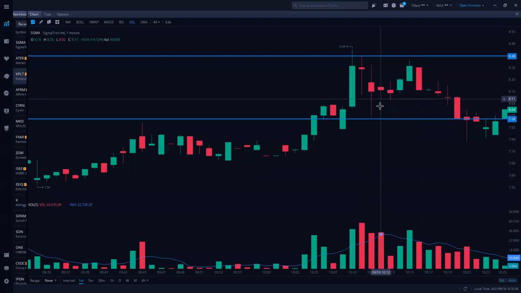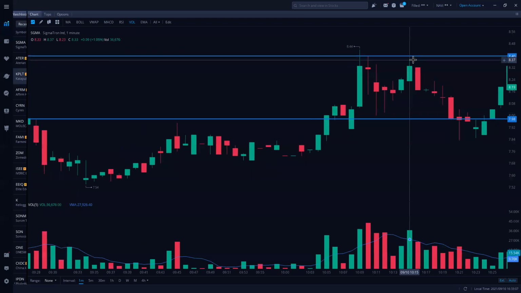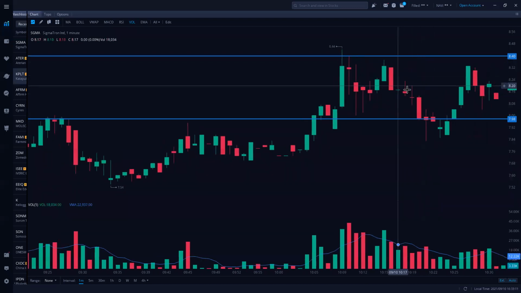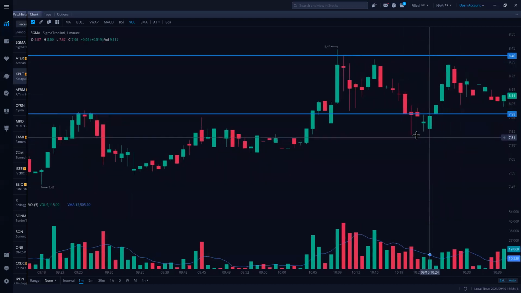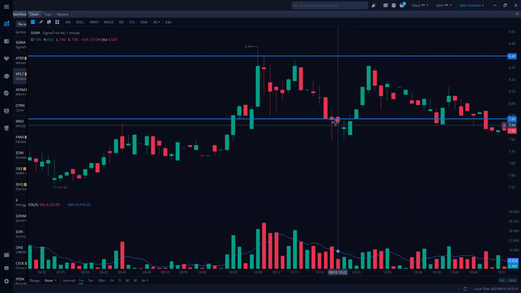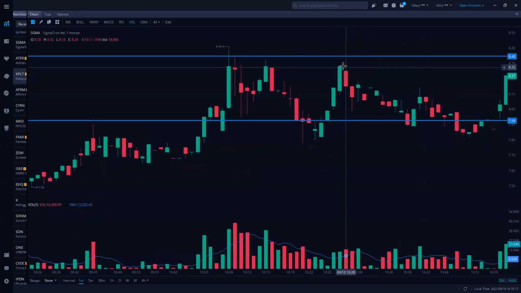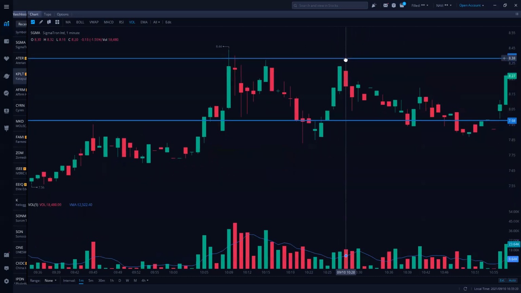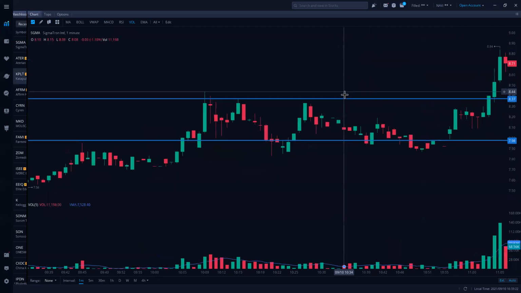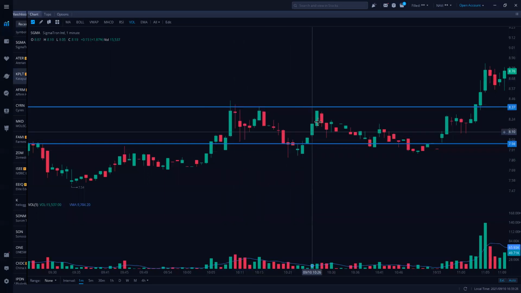That longer wick shows you that buyers have control around the $8 period, and they brought it back to retest the 8.40 resistance. But there wasn't enough buying pressure. Sellers took over and brought it all the way back down to $8. It dropped a bit under 8, consolidated, went back up, almost tried to retest that resistance right around the 8.40 mark, couldn't, and was just trading between this support and resistance.